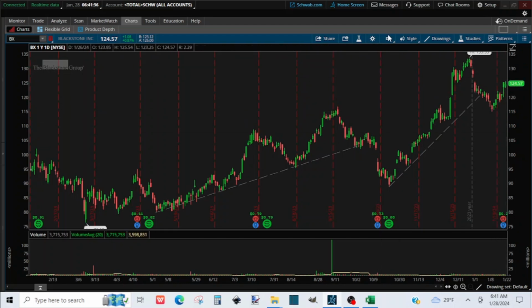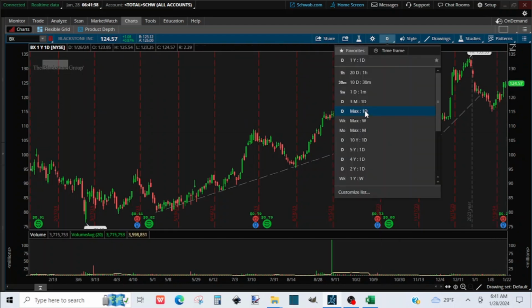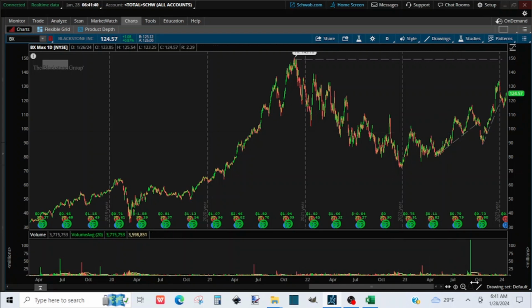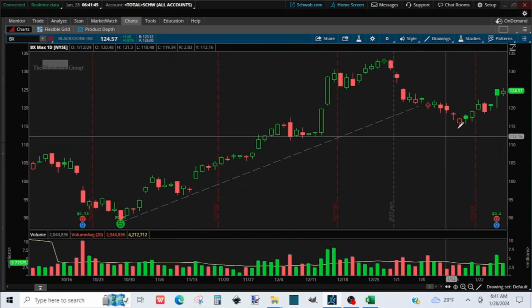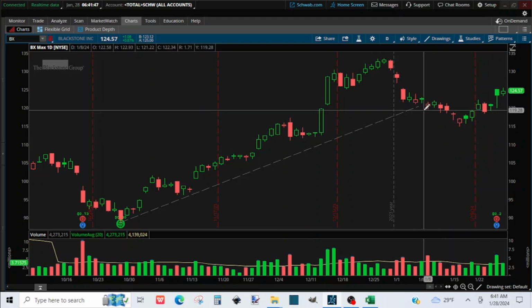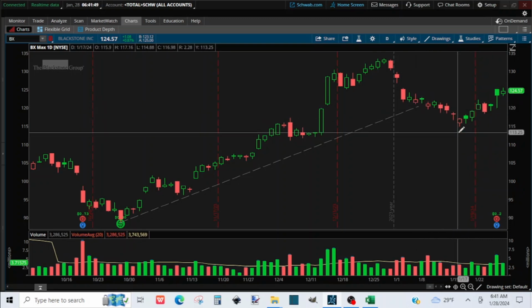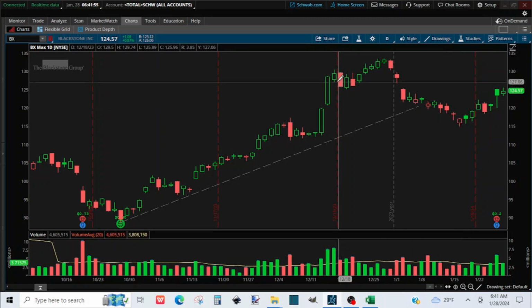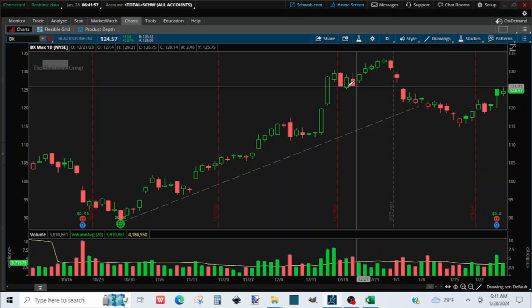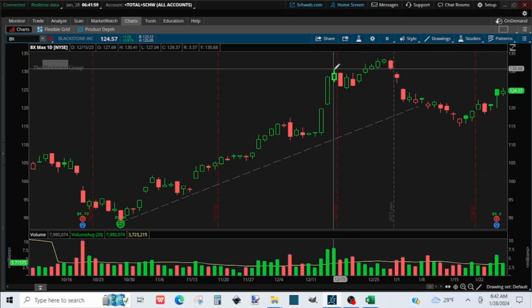So I'm going to go to my maximum daily chart and we are going to look up close. So we need to trace a new trend, because it fell off of this trend, creating a lower low compared to this low here, because it went up and went down.